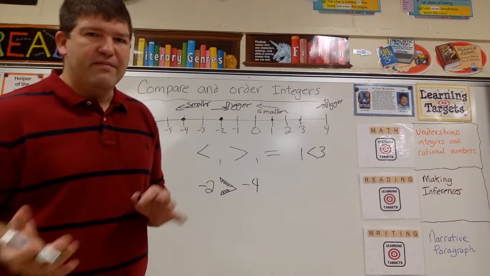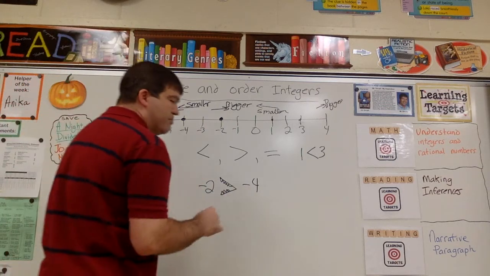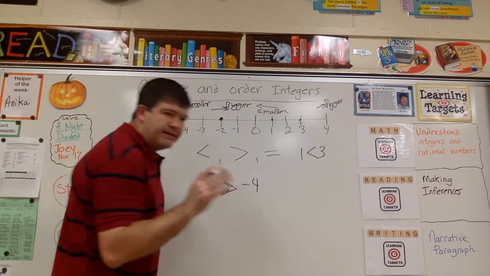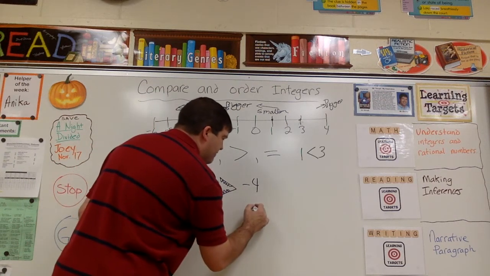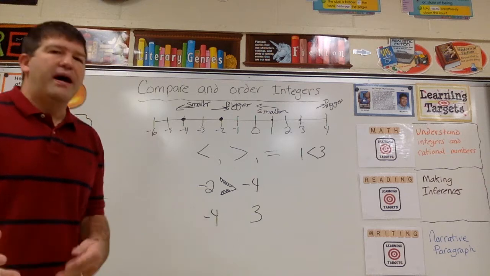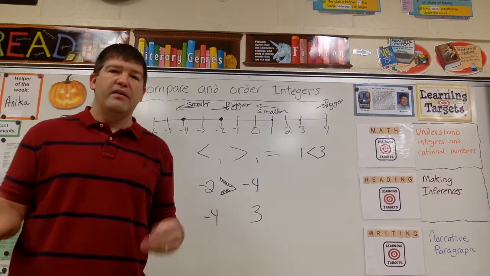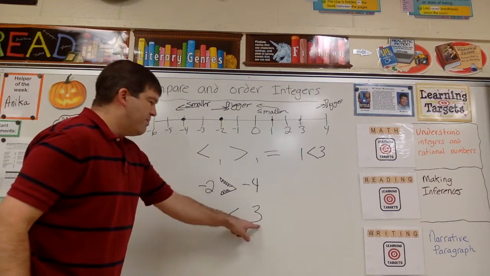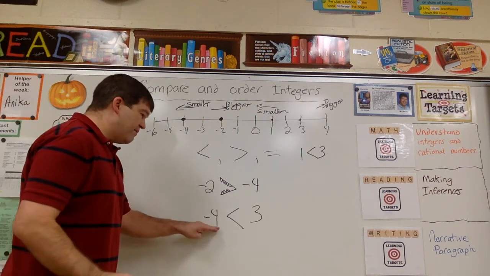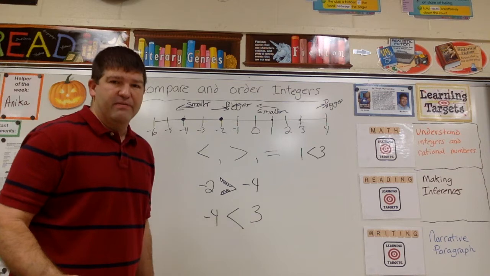Now, if we have a positive and a negative, that should be really pretty simple, pretty basic. So say I have -4 and I have 3. We know that a positive number is always bigger than a negative number. So we go like that. The positive number is always bigger, or the negative number is always smaller than the positive.